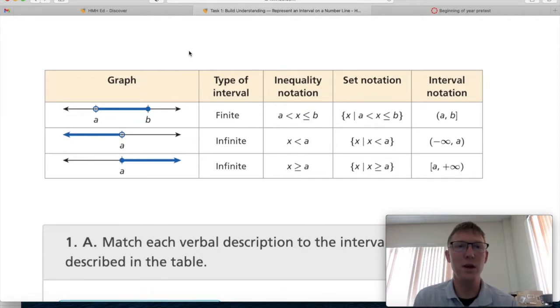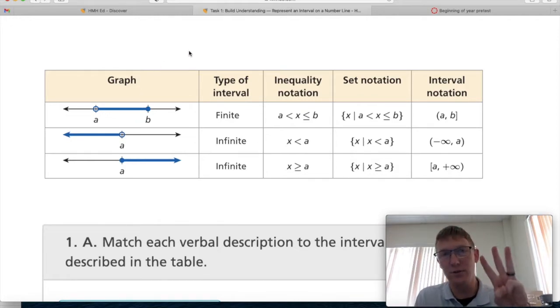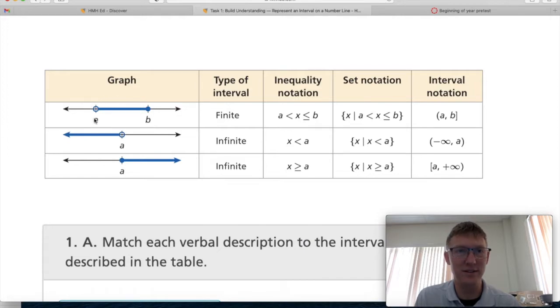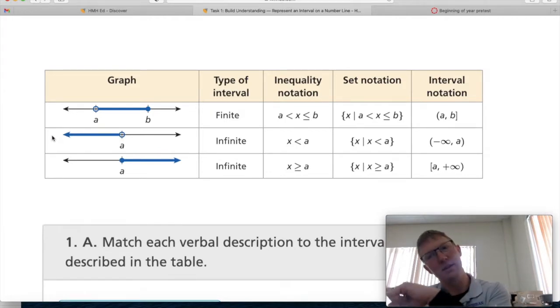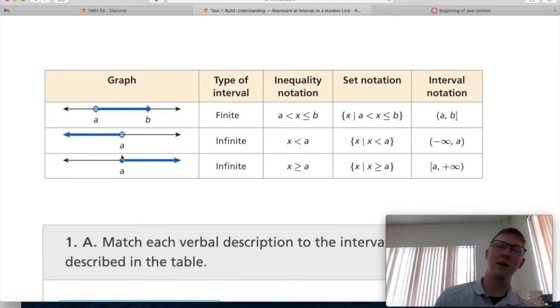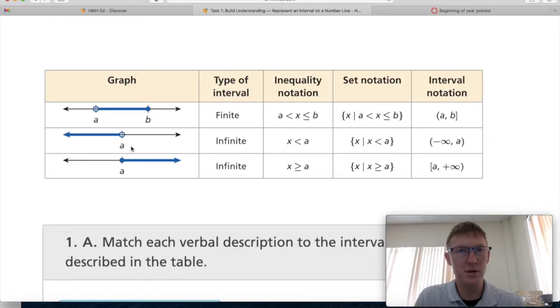You can have 3 different types of intervals: a specific section like this, a section that goes off into the negative side of infinity, or a section that goes off to the positive side of infinity.